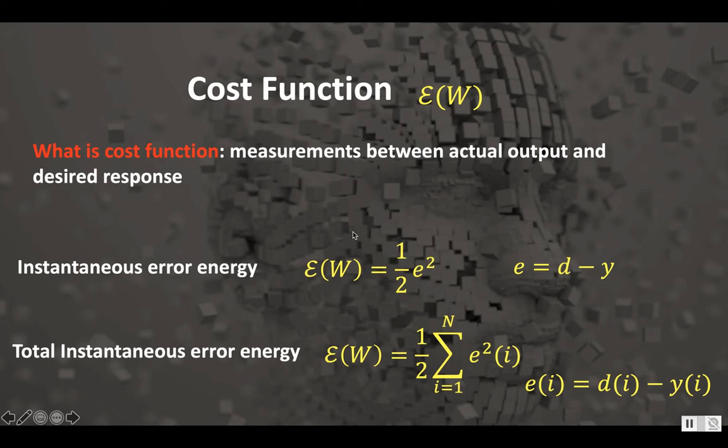Another way is, if you have n different input data, you calculate the error for all of them, and then you find the summation of the instantaneous error energy. We call that the total instantaneous error energy. So these are two ways to define the cost function.